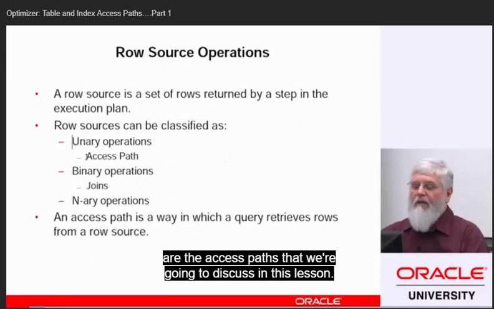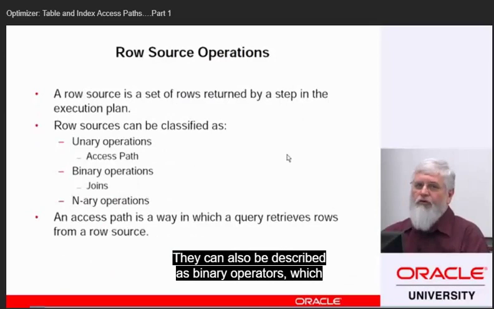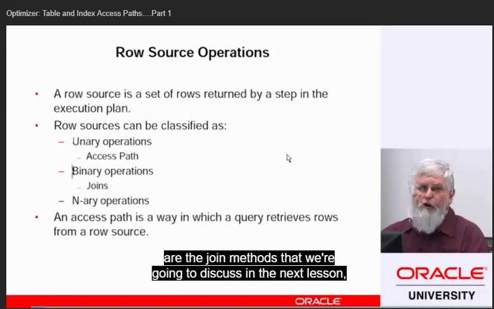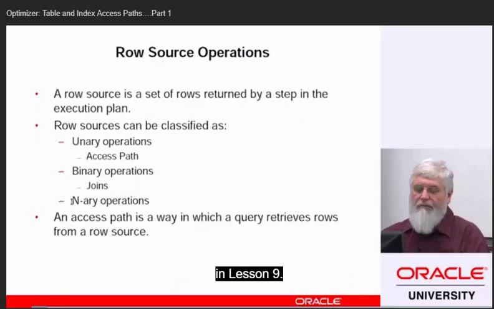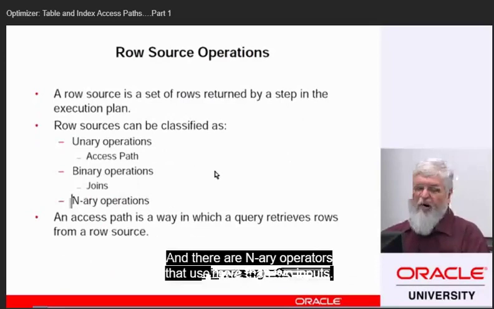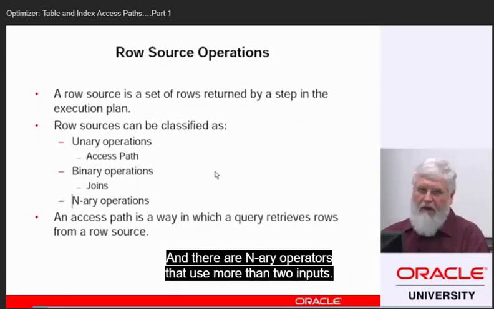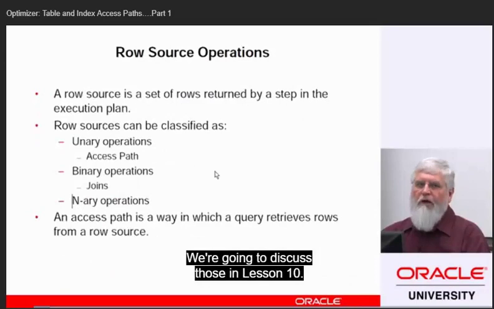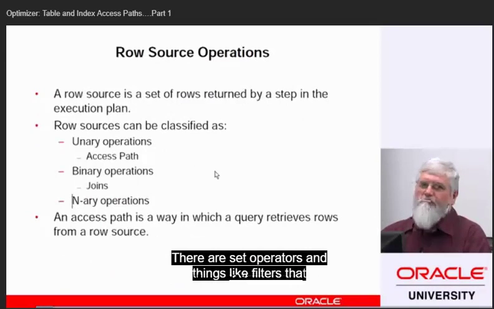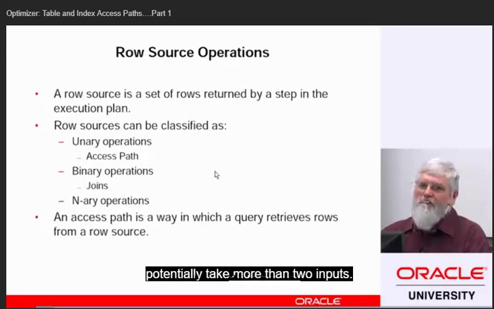And there are n-ary operators that use more than 2 inputs. We're going to discuss those in lesson 10. There are set operators and things like filters that potentially take more than 2 inputs. An access path is a way in which a query retrieves rows from a row source.